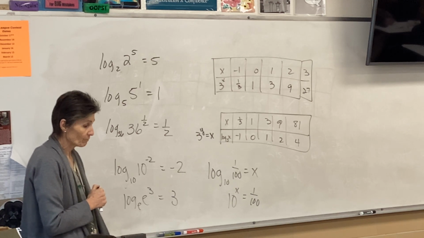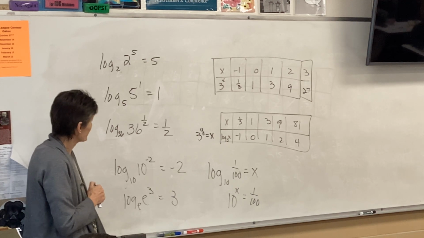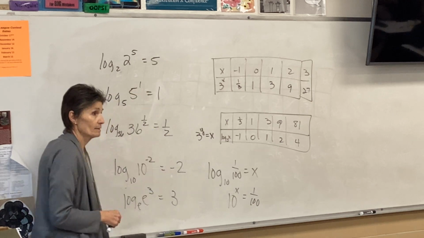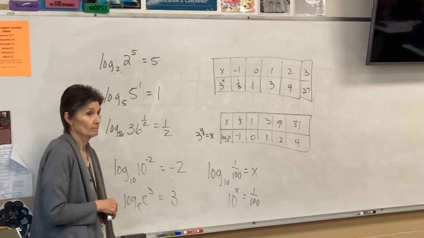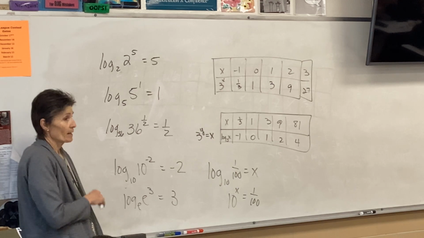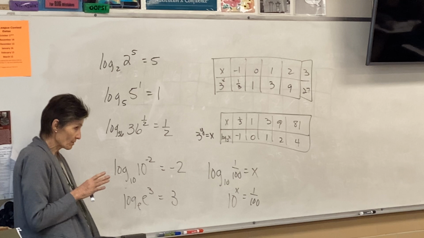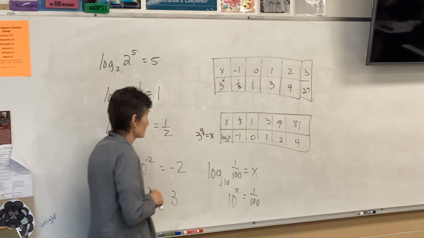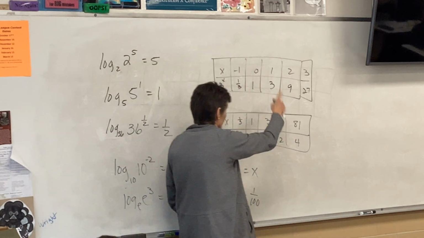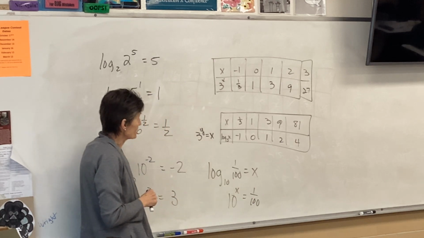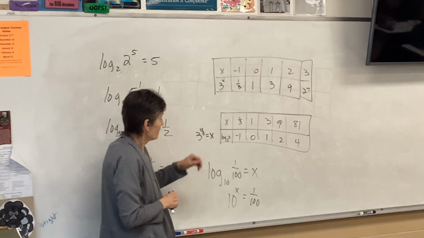All right, let's ask if we have a question. Does anybody have a question about any of these 5 problems right here? Everybody got all those answers, right? Somehow, one way or the other, you got them right, perfect. All right, the charts, that seems pretty self-explanatory.